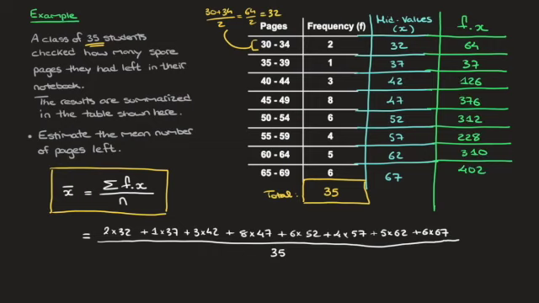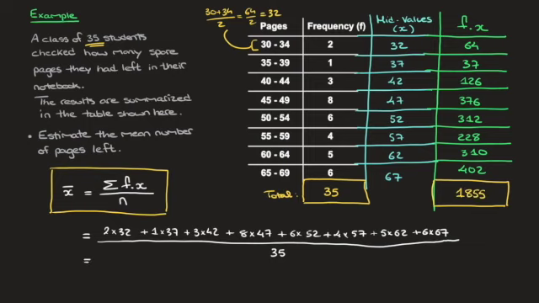Each of the values inside this column corresponds to the result of one of the multiplications that we have on our numerator here. And since we need to add them all together, we create a new total box at the bottom of this column, in which we write the result of adding each of these values together. And do check, but adding all of these together, I find that that's equal to 1,855.